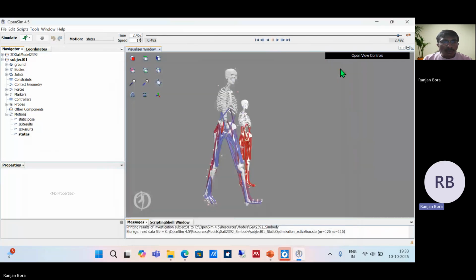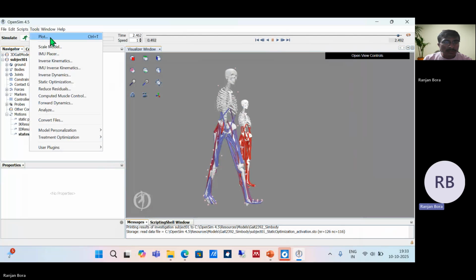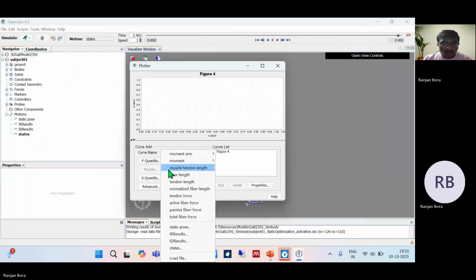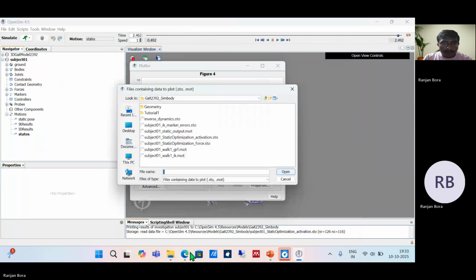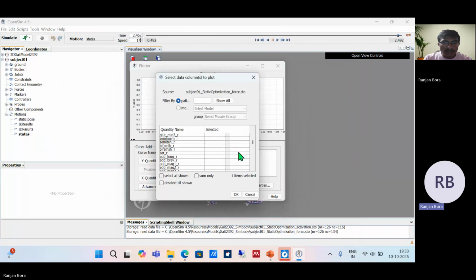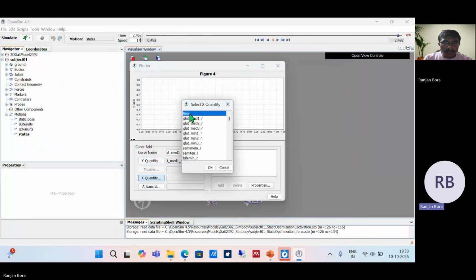Similarly, we can plot the muscle forces, plot the static optimization force storage file, which stores the muscle forces for this particular activity. So we will plot gluteus medius R and gluteus medius L muscle force. Okay, X quantity time.